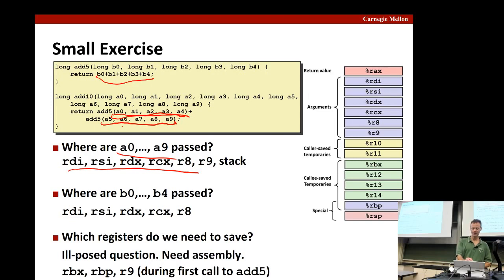Which means that it's going to have to do some shuffling of the arguments, because they're not in the right place. So R9, for instance, is where A5 is, right? So we've got to be able to move that into RDI and so forth.